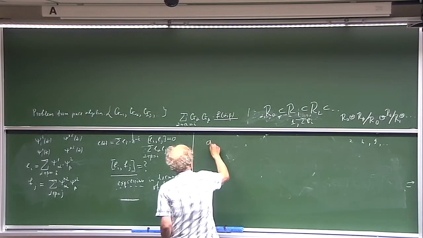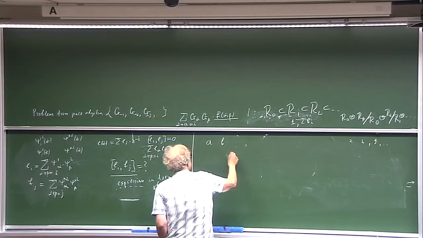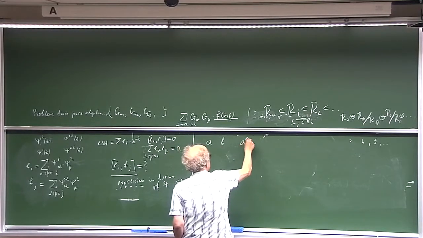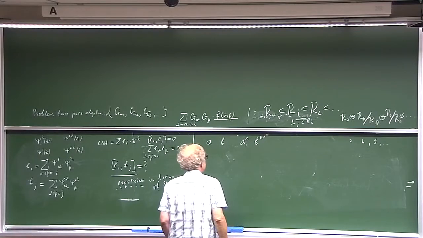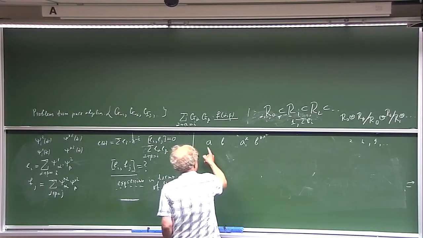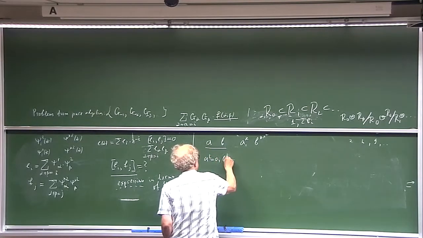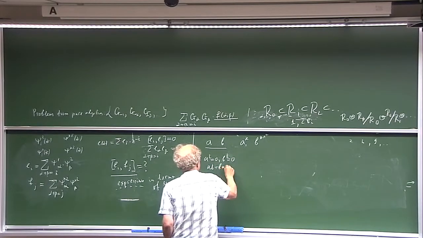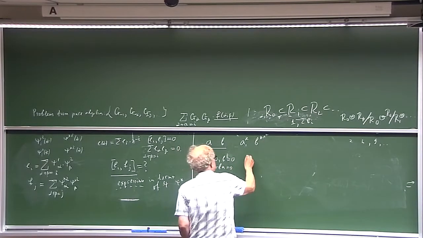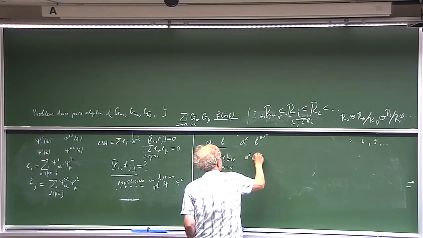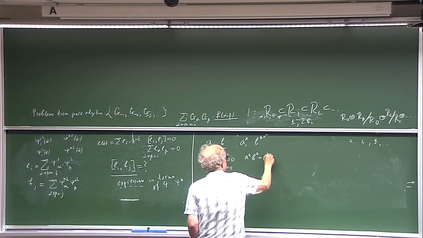Suppose I have A, B and I have A star and B star. Suppose that they are fermions, so it means A square is 0, B square is 0, and AB plus BA is also 0.